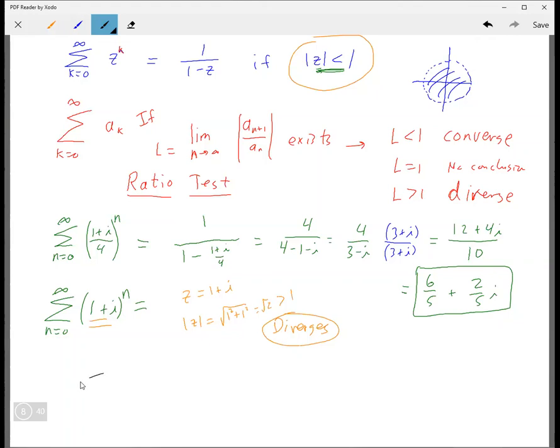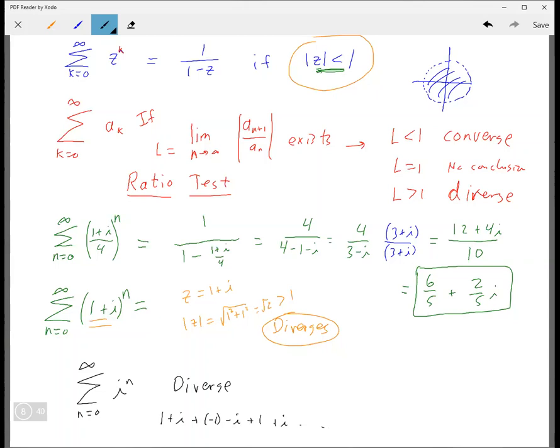How about this one? It still diverges. Yeah, this is going to diverge. Because it's adding, you can think of it like this: 1 plus i, plus negative 1 minus i, plus 1 plus i.